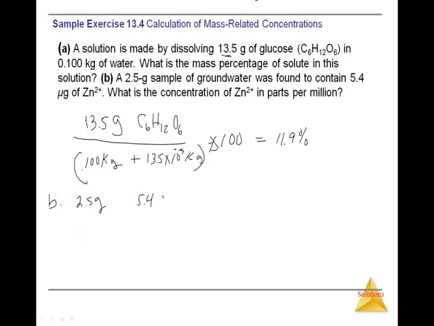If it's microgram, it's going to be times 10 to the minus 6 grams of my zinc over my 2.5 gram sample, which assumes that everything's in it, the water plus the zinc, right? And I'm going to take all this and multiply it times 10 to the 6th. And when I do that, these 10 to the 6th cancel out, and I end up with 5.4 over 2.5, and that comes out to be 2.2 parts per million.